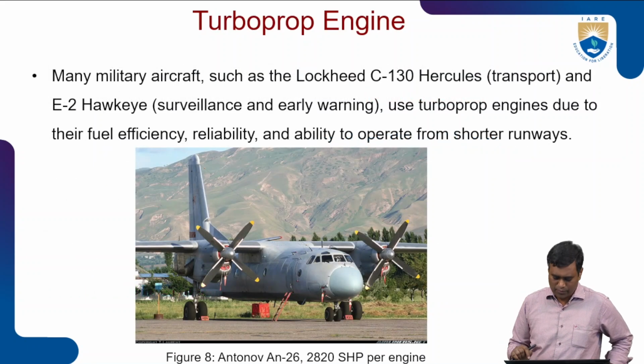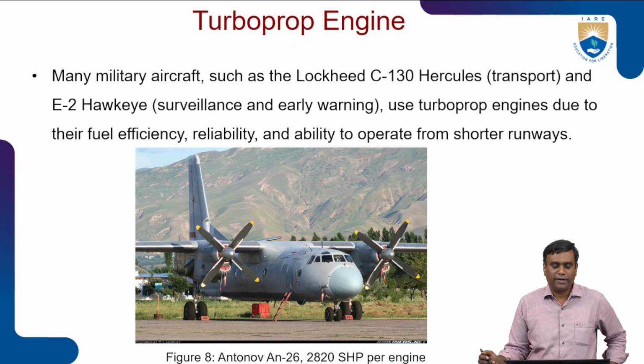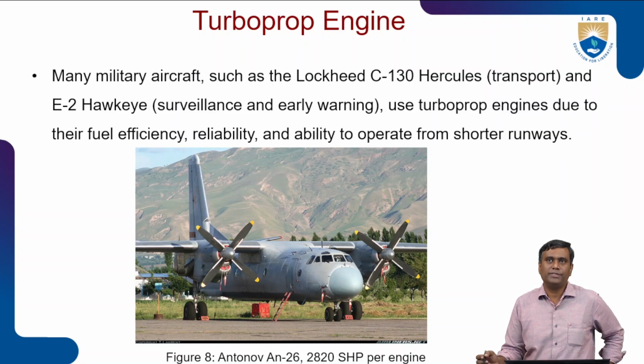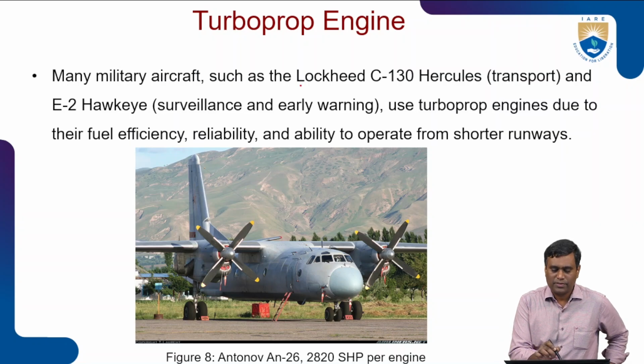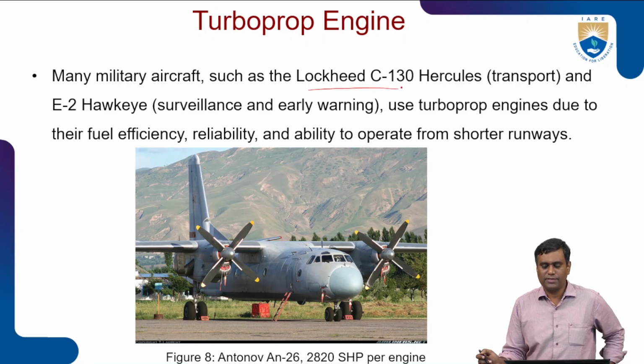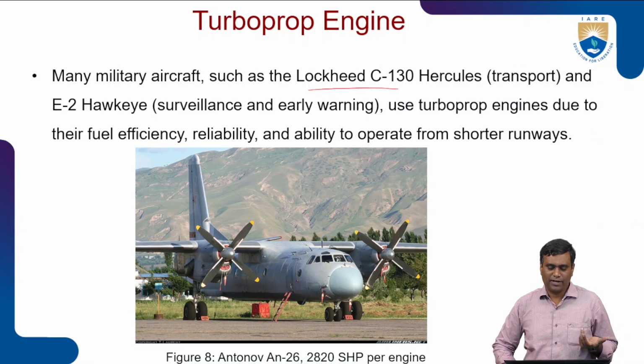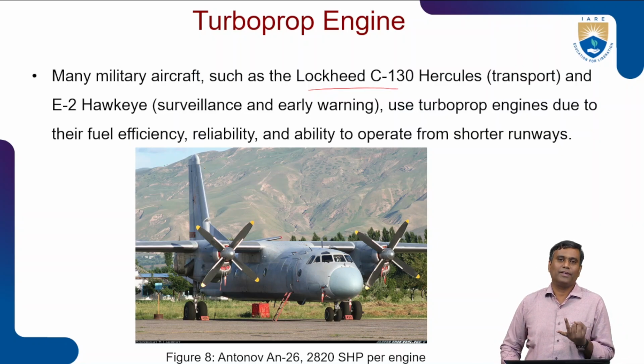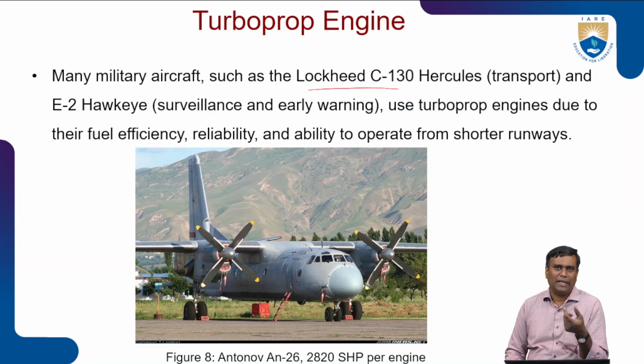Few examples, and of course, a few military aircraft also use turboprop engines. One such is the Lockheed C-130 Hercules, for transportation, and the U2 for surveillance and early warning purposes. When it comes to transport and surveillance and early warning, one criterion is possibly low altitude, and another obvious one is low speeds.